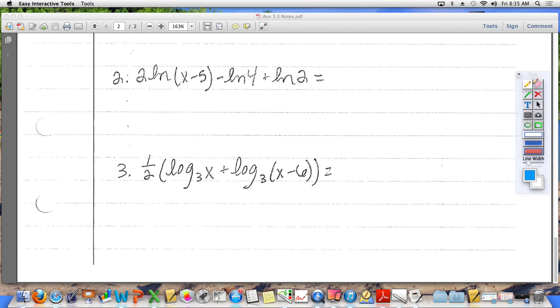This 1/2, because it's outside of the parentheses, really means that if I distributed a 1/2 into the parentheses, what I would really have here is 1/2 log base 3 of x plus 1/2 log base 3 of x minus 6.